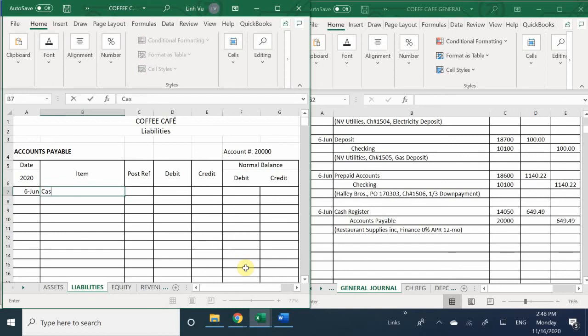You could put the invoice number on there. All right, post reference is going to be general journal number 2. And because they normally have a credit balance, you're going to have it for $649.49, beginning out your credit balance to be $649.49.